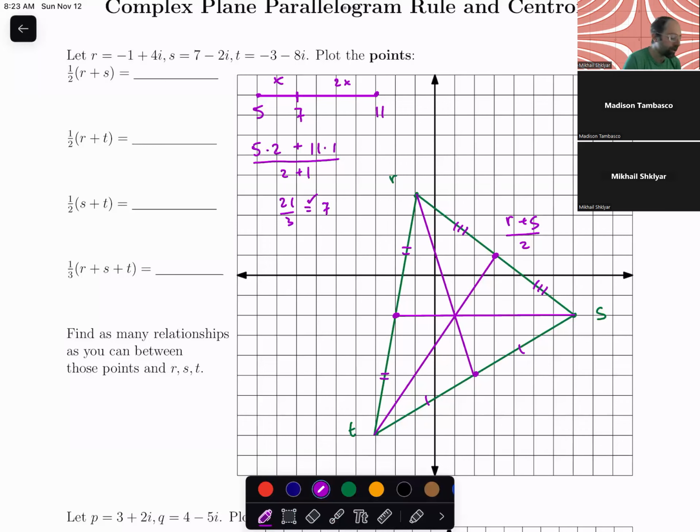Okay. And in general, this is how it works. If you want to divide a segment in the ratio 2 to 1, you multiply the closer point by 2, the further away point by 1, and you divide the result by 3.